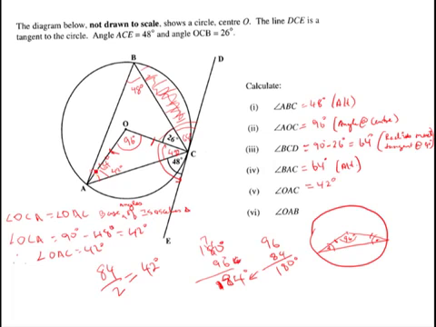In other words, if this entire angle here is 64 and this piece is 42, then what is this piece they're asking us for, angle OAB? We can find angle OAB quite quickly by doing 64 degrees minus 42 degrees, and that will be equal to 22 degrees.